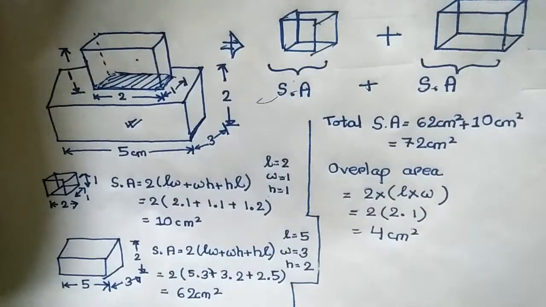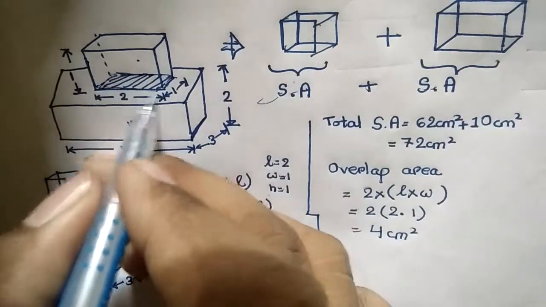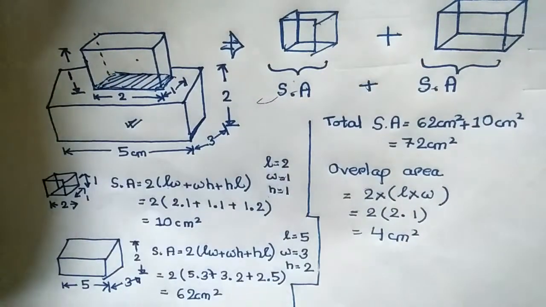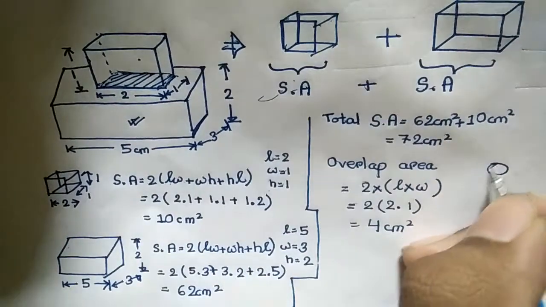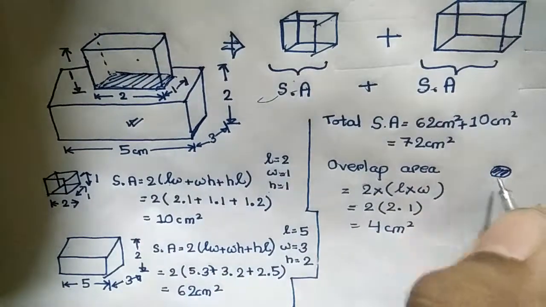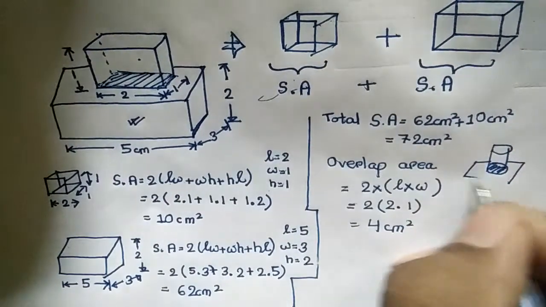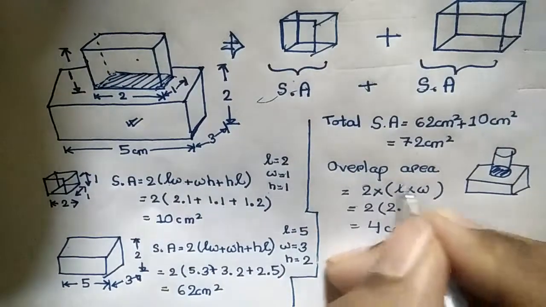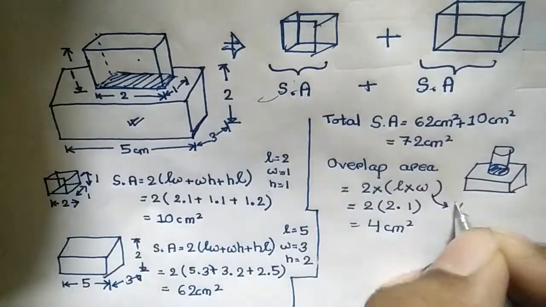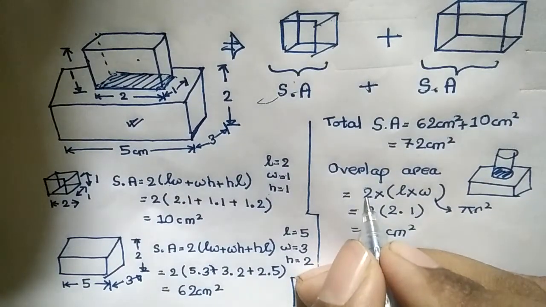Now if the overlapping area was not a rectangle but rather a circle, like this is an overlapping area for an object like this, what we would do, instead of using length times width, is use pi r square. But remember, the 2 will always have to be multiplied.